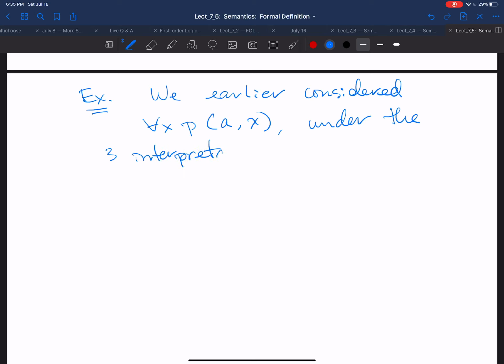And again, because this is a closed formula, its truth value will only depend on the interpretation. We don't have to consider any assignment. The first interpretation had as its domain the natural numbers, had as the binary relation assigned to the binary predicate symbol the ordinary less than or equal to relation on the natural numbers, and the one constant symbol A was assigned to 0.